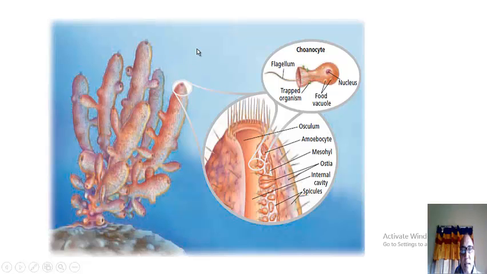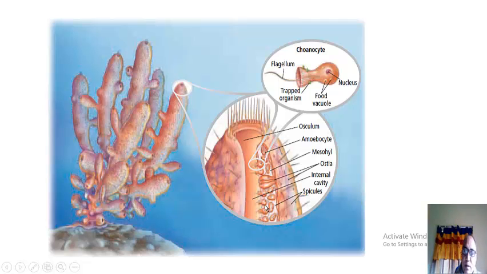As I said, these animals have many cells, and the cells are of different types. One of the major types is choanocytes, which help the animal trap food and also take in water from the pores. These choanocytes line the inner endodermal cells.